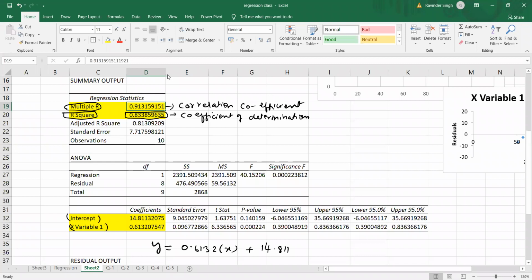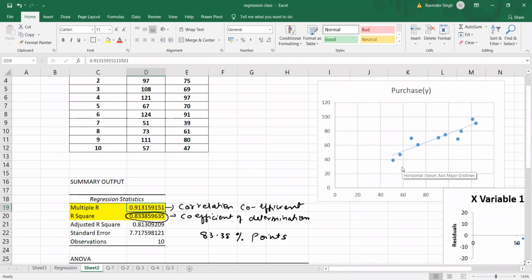Whenever we deal with regression analysis, R square is very important for me, because this number will tell me that 83.38% of the data or points, please listen carefully, lie on this straight line.